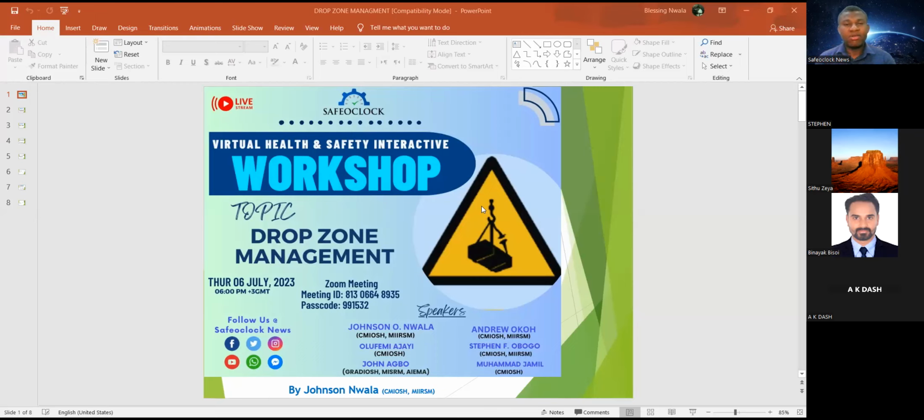In the course of work at height, we mentioned as one of the control measures to ensure that falling objects do not cause injury to people is to establish a drop zone. So it was from there we decided to look deeper into drop zone.